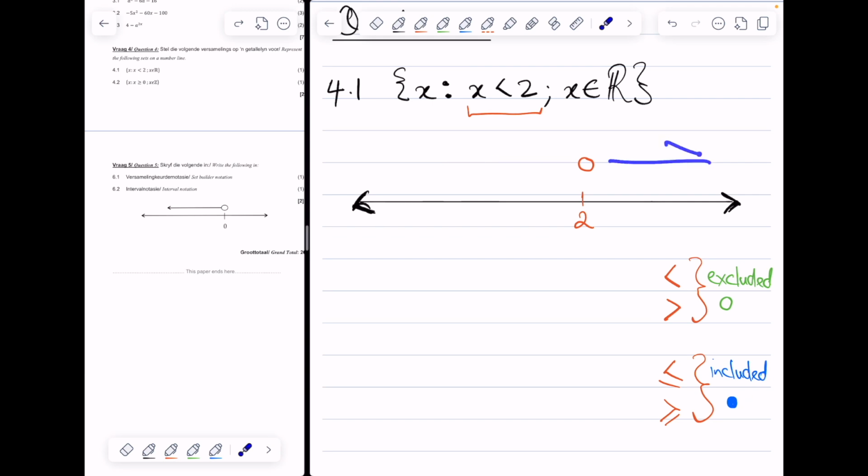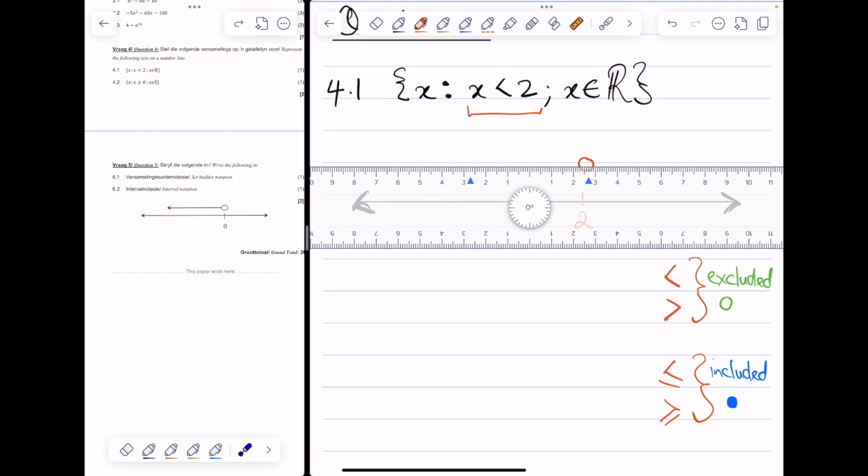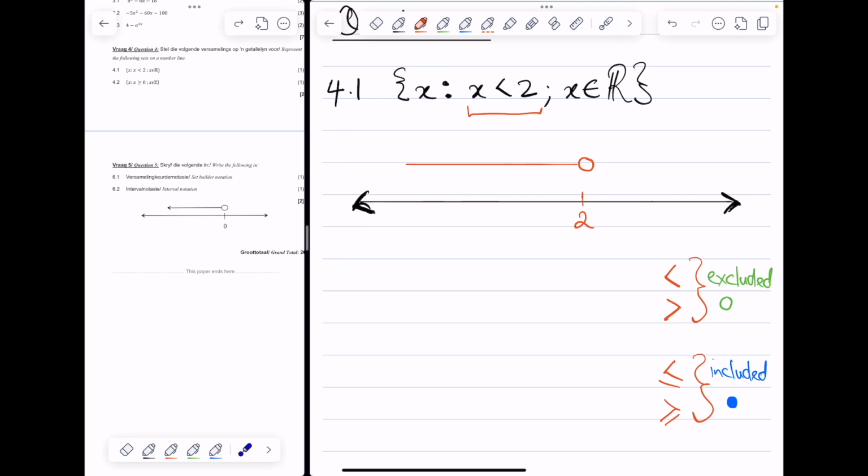To the right of 2 means numbers greater than 2, and to the left means numbers less than 2. So your arrow should have gone that way, and that would have been your answer. Just bear that in mind.